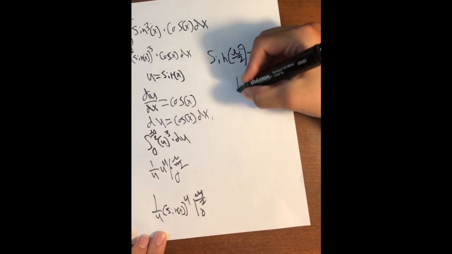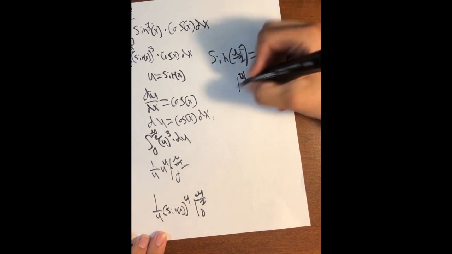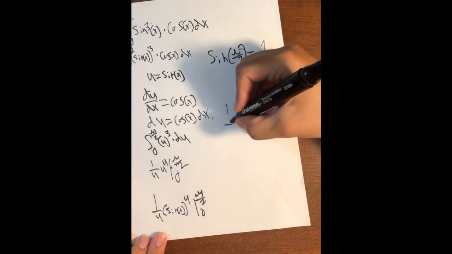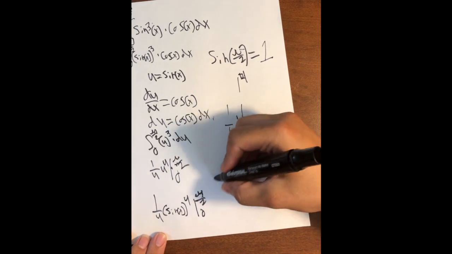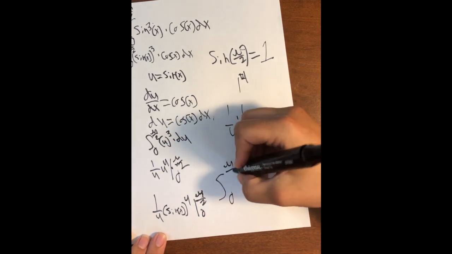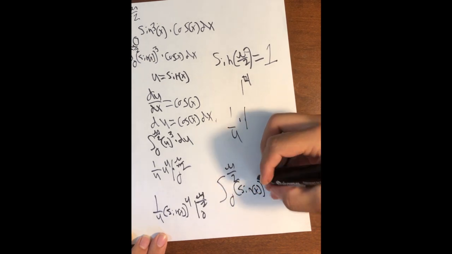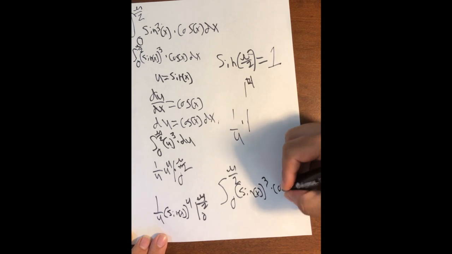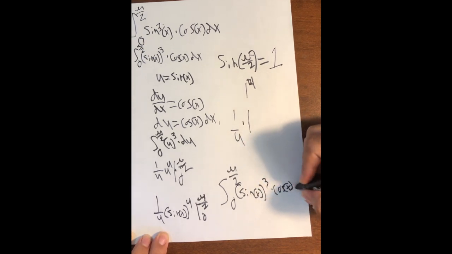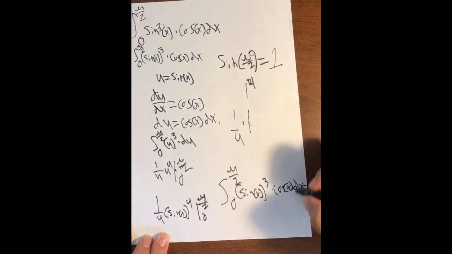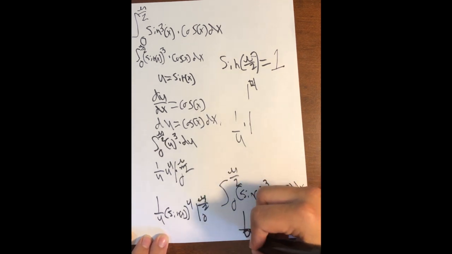And so we get 1 to the 4th, which is just 1, times 1/4, so it's 1/4. So the integral from 0 to pi halves of sine of x cubed times cosine of x dx is equal to 1/4.